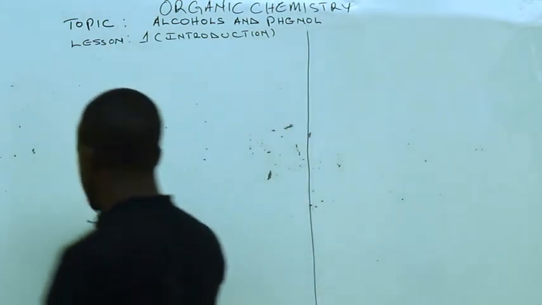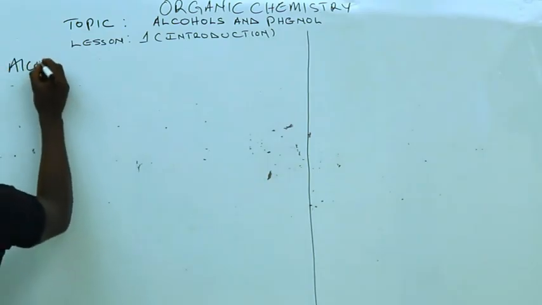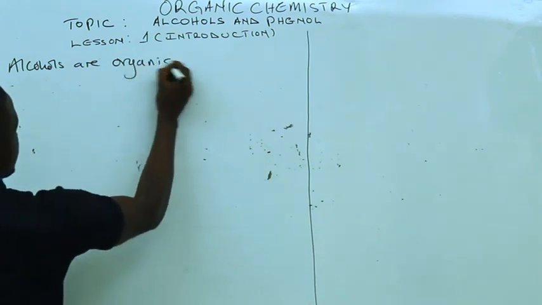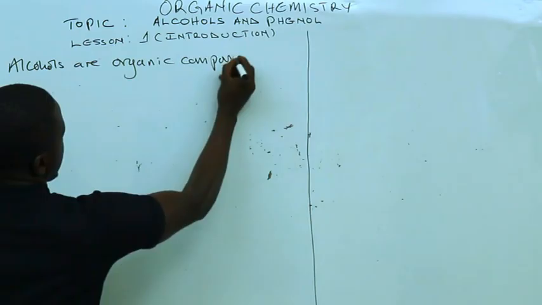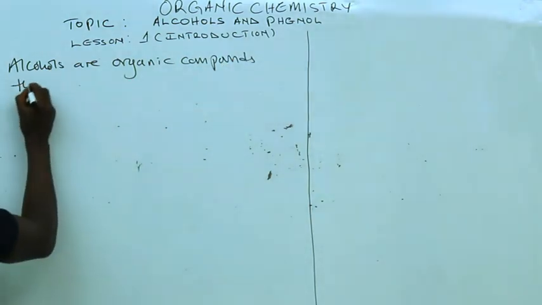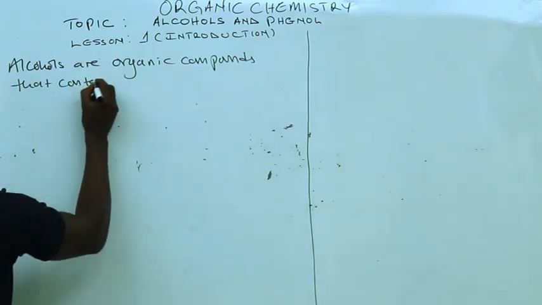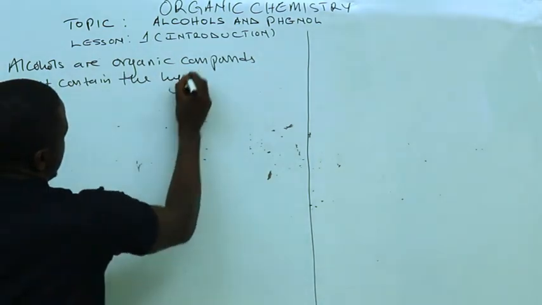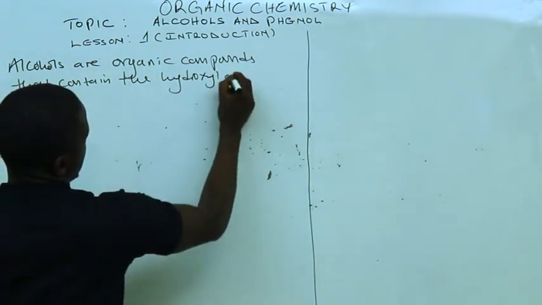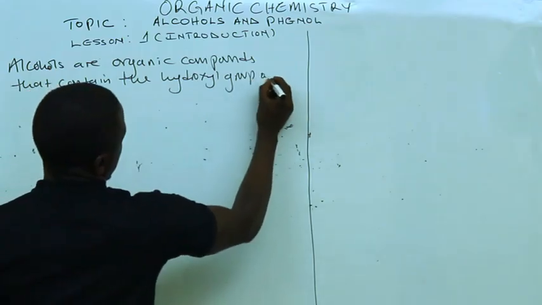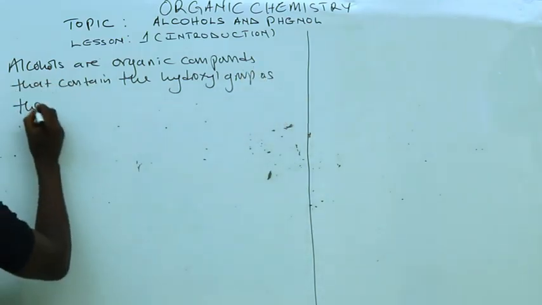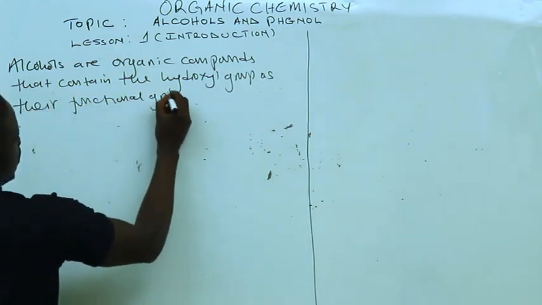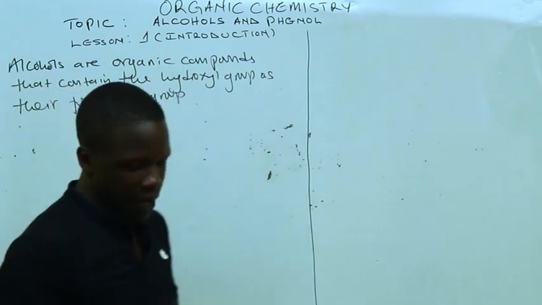So we are saying that alcohols are organic compounds that contain the hydroxyl group as their functional group.